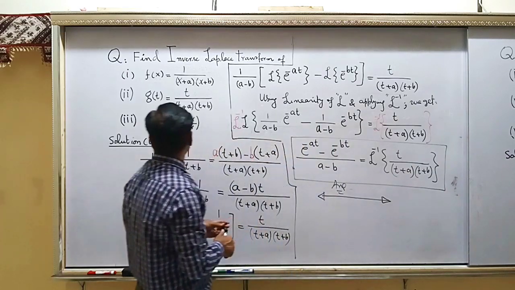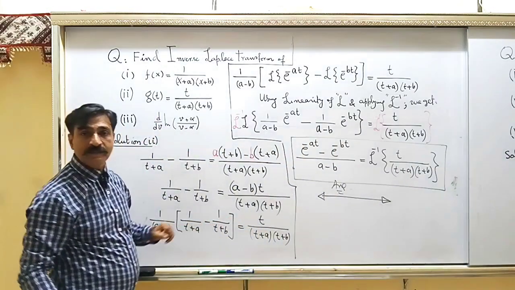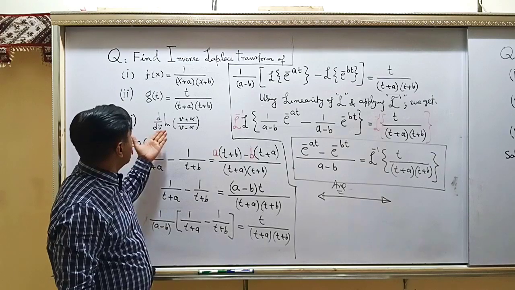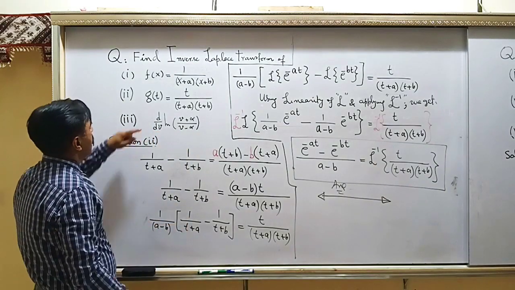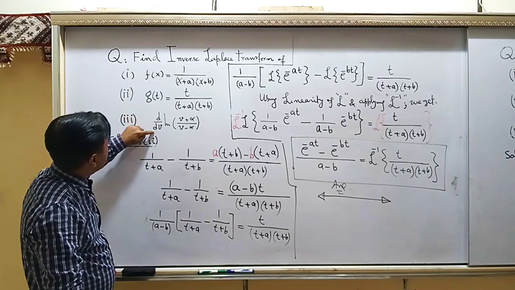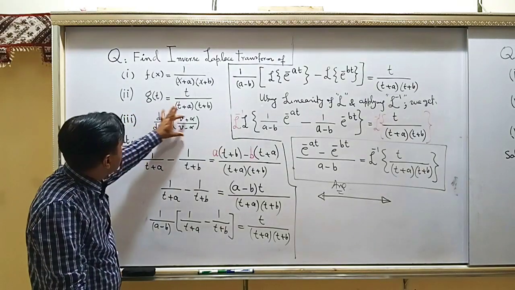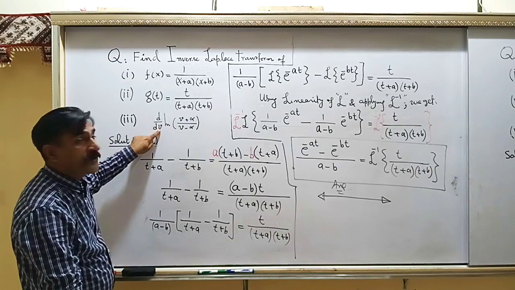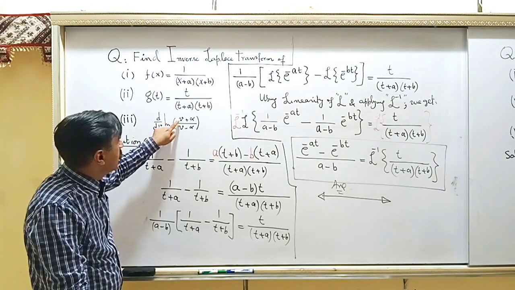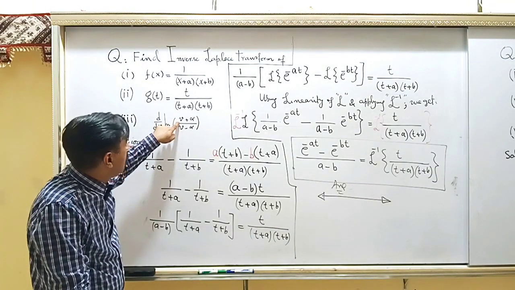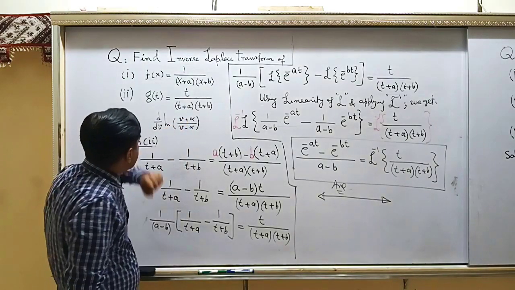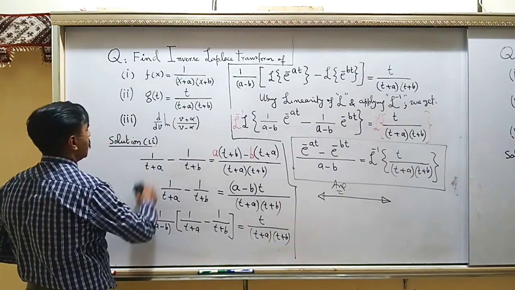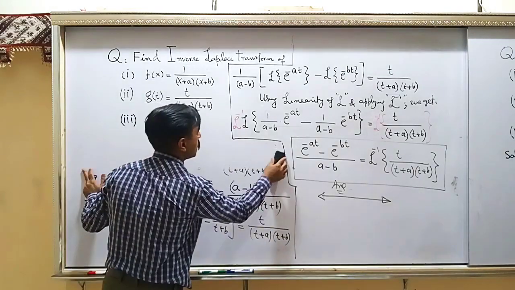Now there is the third question, this one. This is the Laplace transform, right? And it contains d over dv, meaning this function is being differentiated with respect to v. So v is your variable of the Laplace transform, and alpha is a constant here, right? And in this case, how can you find the inverse Laplace transform?